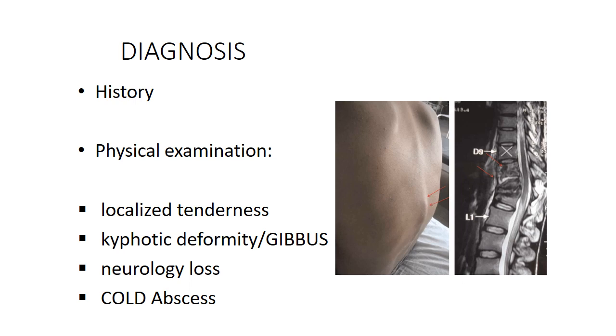And in physical examination, you will find localized tenderness at the involved area. There will be a kyphotic deformity, as you can see in this slide. This is gibbus. This is the early kyphotic deformity in the localized area which is involved.